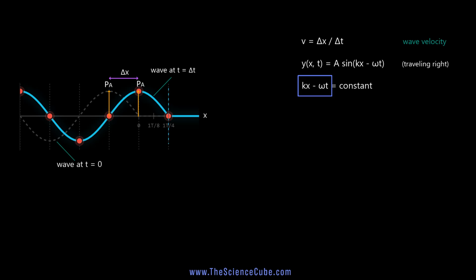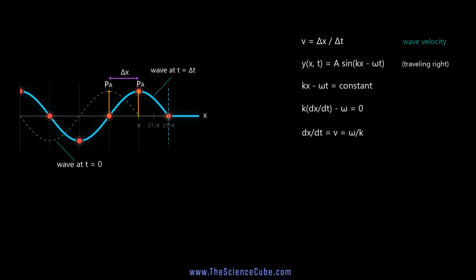So to find the wave speed v, we simply take the derivative of this equation with respect to time. And when we do that, what we get is k dx upon dt minus omega equals 0. Or rearranging that, dx upon dt equals v equals omega upon k.